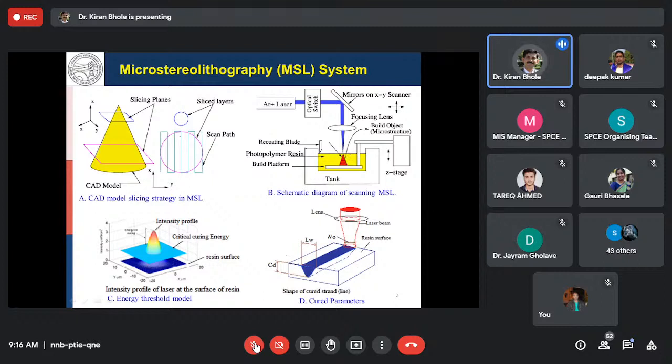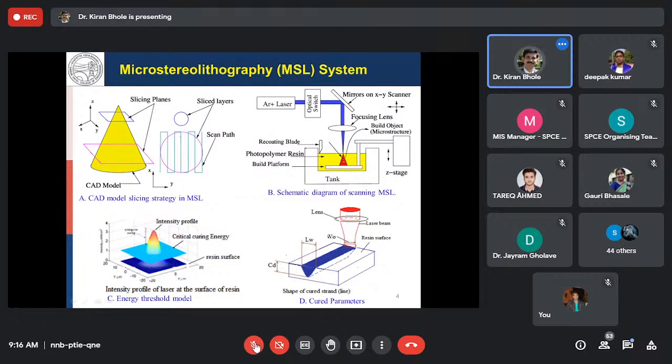Once the first layer is developed, we dip this platform inside the photopolymer resin, and fresh liquid comes on top of the previously formed layer. For the second layer, whatever we have sliced, the scan path data is obtained and given to the microcontroller. So the second layer is also fabricated, and it is bonded with the previously formed layer.